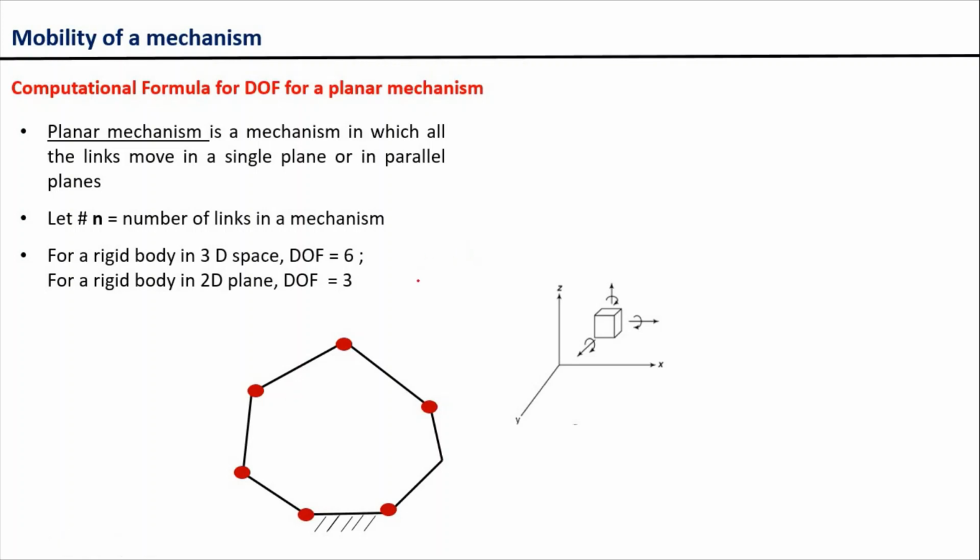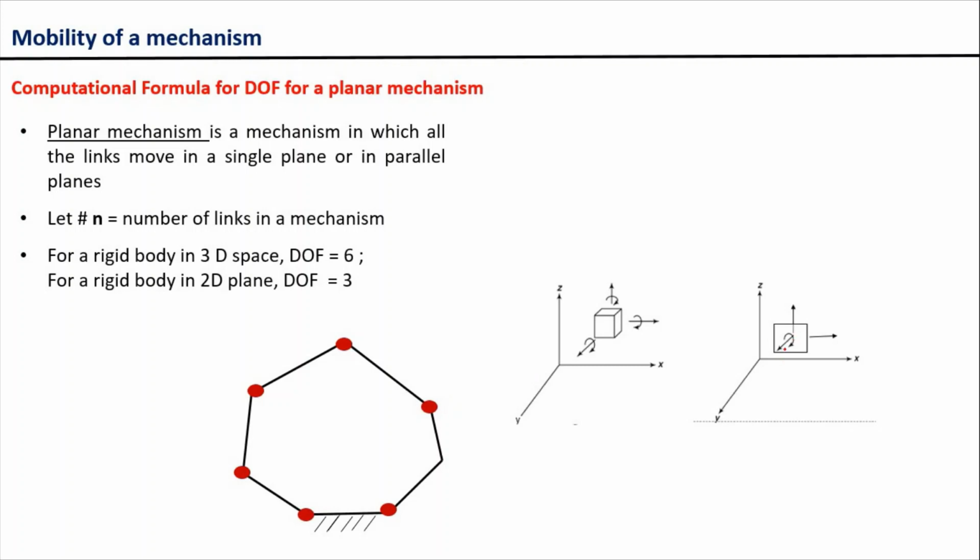Now since we are talking about a planar mechanism, let us move to a two-dimensional space. In a two-dimensional space, let's say we are restricting the motion of this cube to the xz plane only.